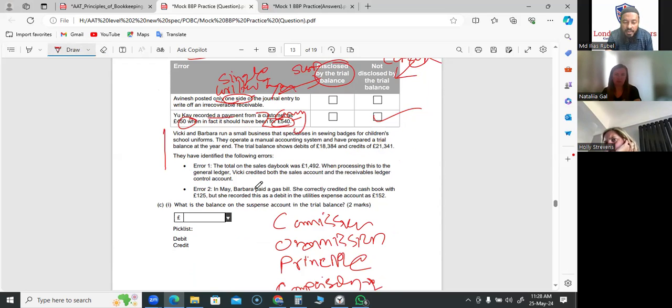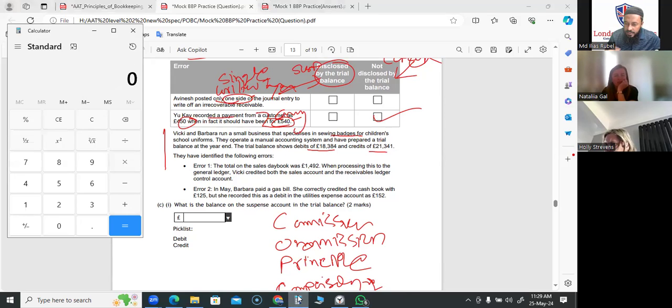Vicky and Barbara run a small business, selling badges for school kids, and operate a manual accounting system. The trial balance shows debit and credit. What is the meaning of suspense? Debit and credit will not balance. Same is happening here. How much is the difference? Debit is lower, right?